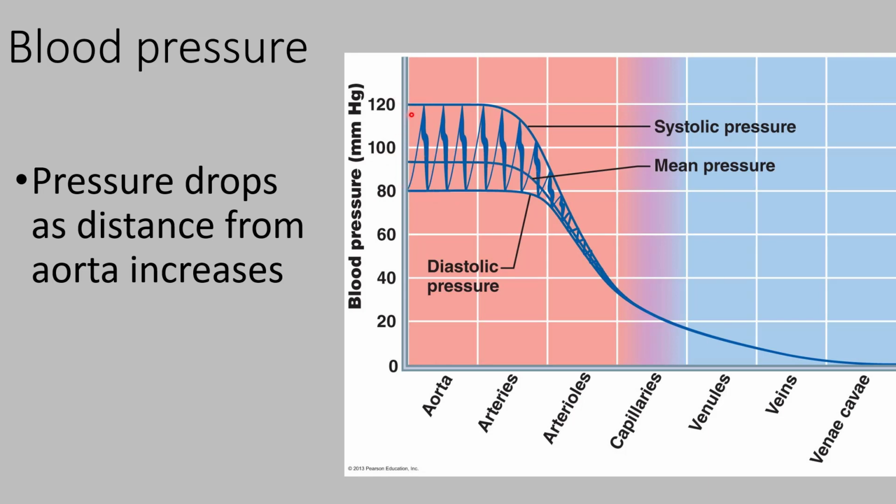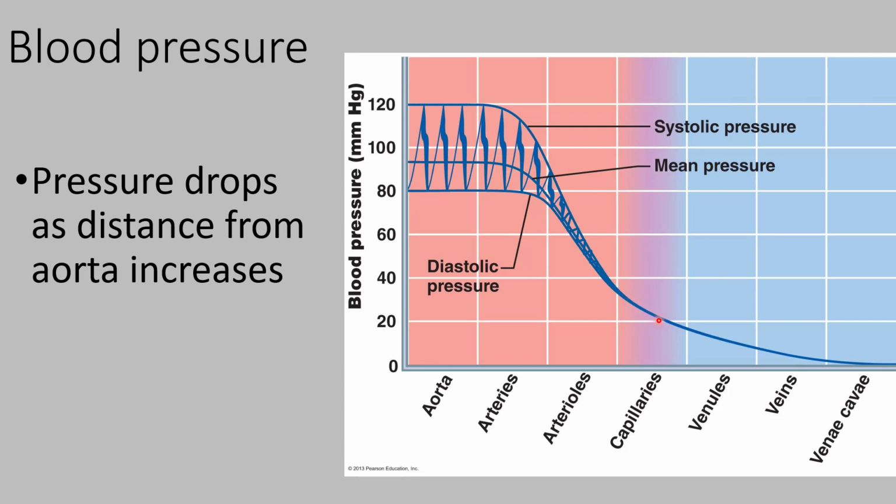Here at the aorta, the difference in systolic pressure and diastolic pressure is pretty significant. But as we move away from the heart, not only does blood pressure drop, the difference in systolic pressure and diastolic pressure becomes less. Once we get to the arterioles, well, past the arterioles, it's just a single pressure. There's not a difference in systolic and diastolic.